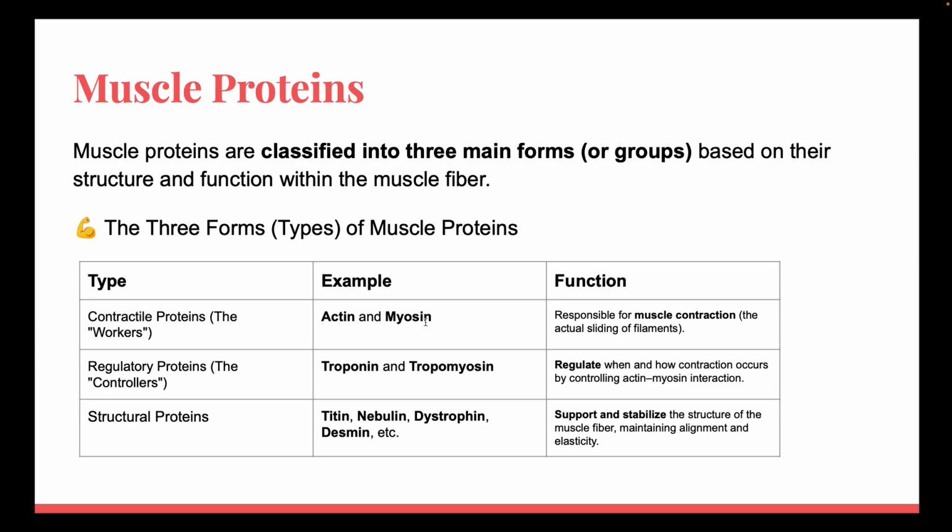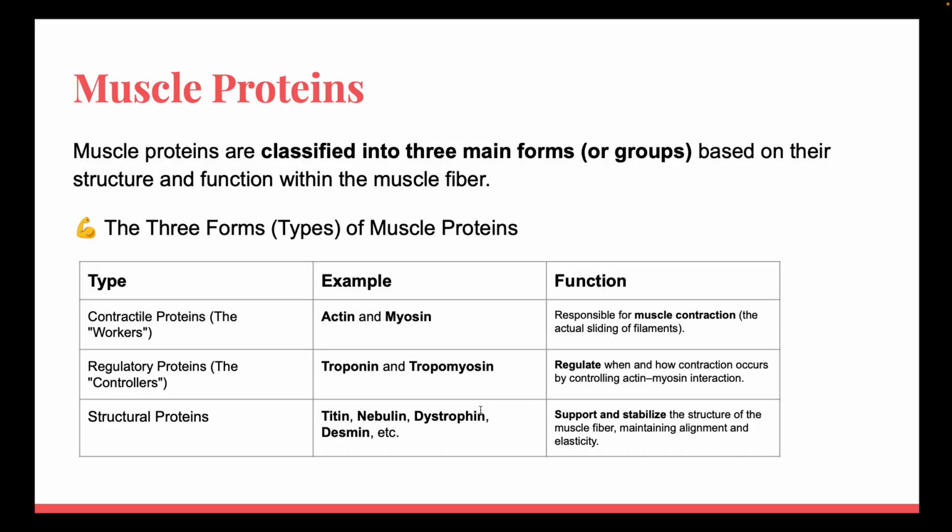So they are termed regulatory proteins. Those controllers are the troponin and the tropomyosin. These two proteins are found on the actin. They are responsible for regulating how contraction should occur by controlling actin and myosin interaction.